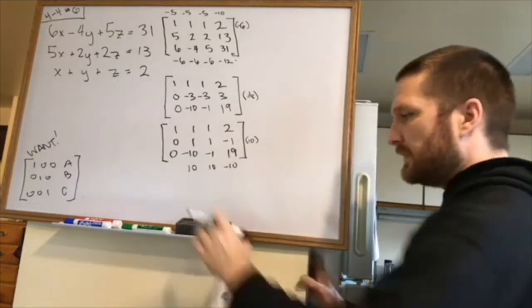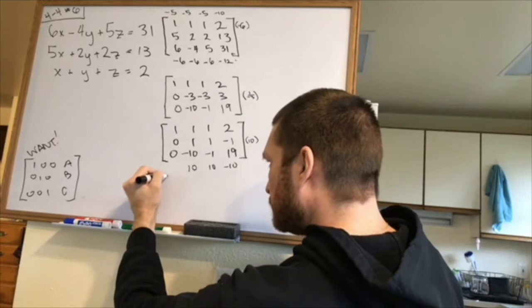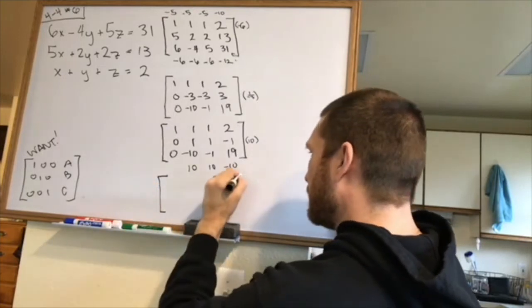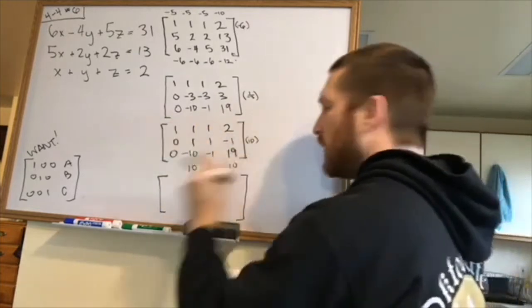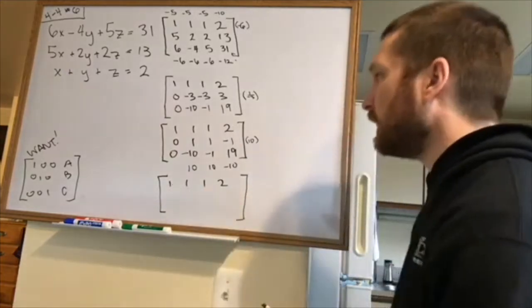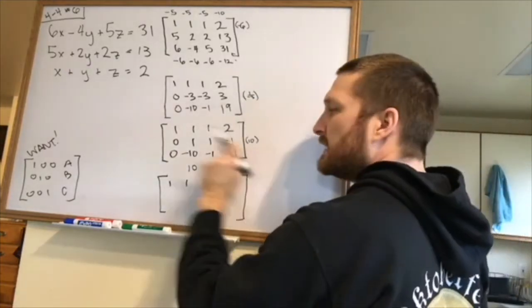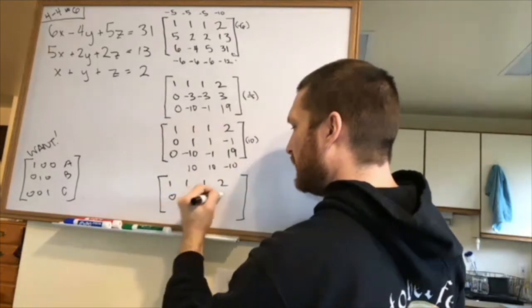So I'm going to rewrite this. I guess I'll do it right here. First thing I'm going to do is rewrite the rows that are not changing. The top row is not changing: 1, 1, 1, 2. The second row is not changing, so I have a 0, 1, 1, -1.